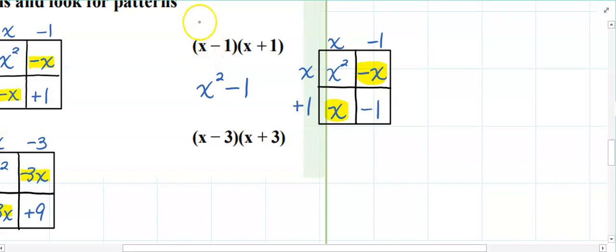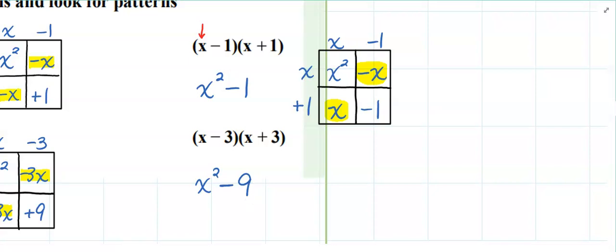In other words, it's as if I squared the x and then multiplied the negative 1 and the 1 to get negative 1. So what do we think we would get with this next one? If we follow that pattern, we should have x squared minus, what's 3 times 3?